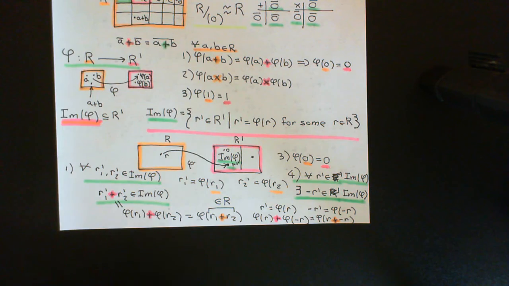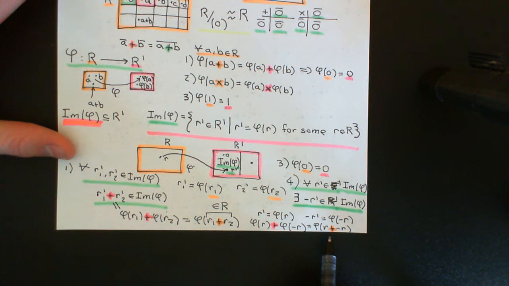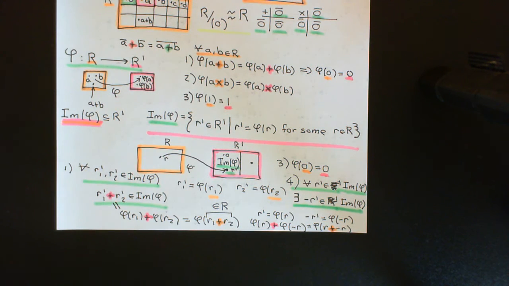And of course r plus negative r by definition in the domain ring will give the additive identity in the domain ring, and we know that the additive identity in the domain ring is mapped onto the additive identity in the codomain ring, so phi of the additive identity in the domain ring will give the additive identity in the codomain ring. Hence this thing plus this thing will equal the additive identity, hence this thing is this thing's additive inverse.